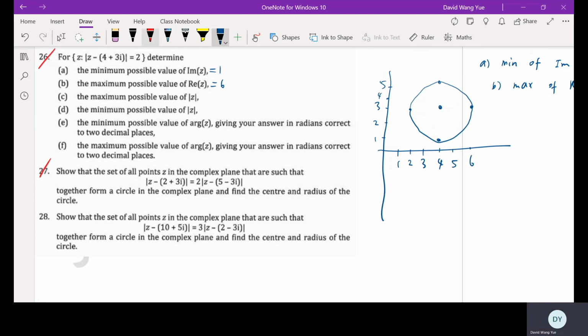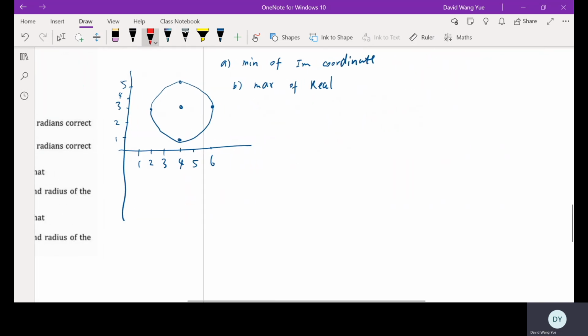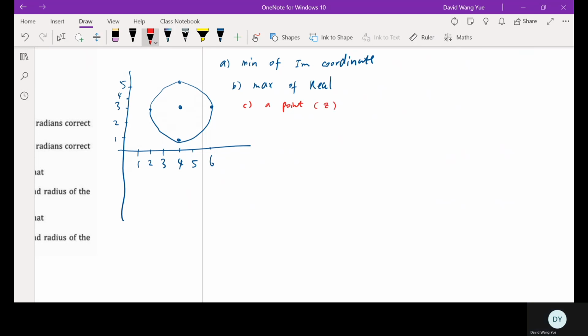Okay, now the difficult part is C to F. What is the maximum possible value of modulus Z? So basically part C asks for a point, that is a Z value, that has the largest distance from the origin.